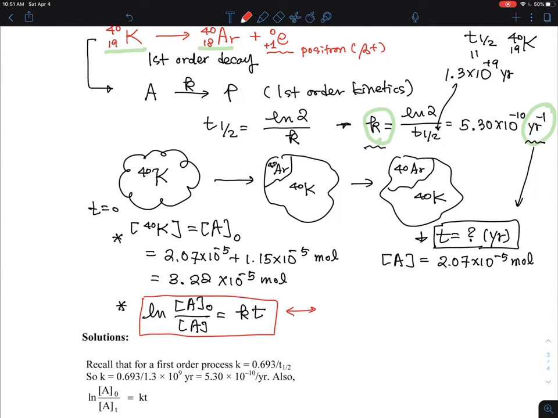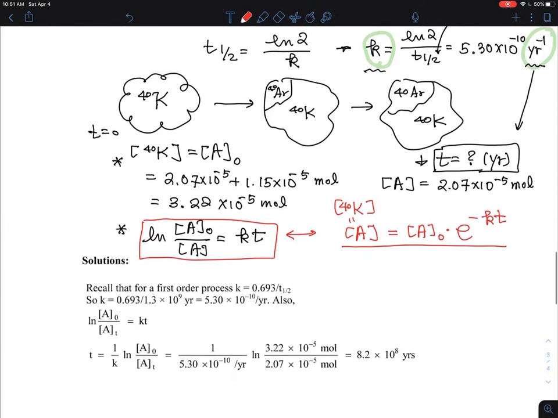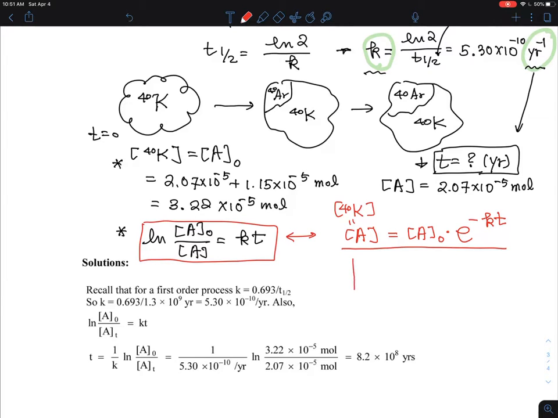But I also want you to know the concept: the concentration of A, which is the concentration of potassium-40 at any time, is A naught, the initial concentration of potassium-40, times the exponential of minus kt. This is a first order kinetic decay, and that's what we call exponential decay.